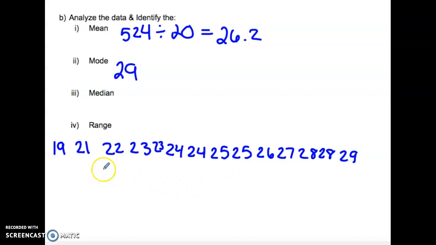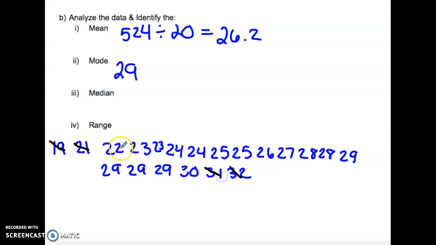I can't fit them all in one line, unfortunately. But that's okay. All right, that's all the numbers, and then I'm going to use a different color to cross them off to find the middle.